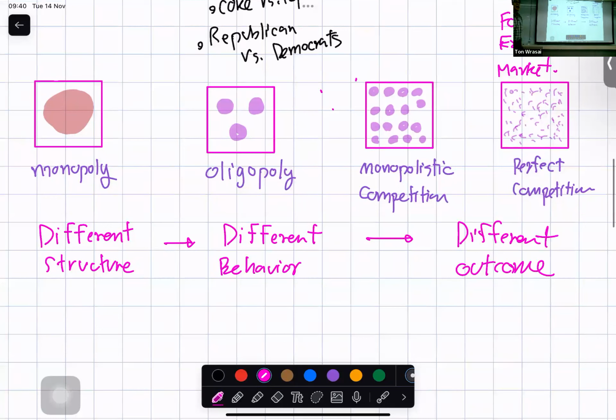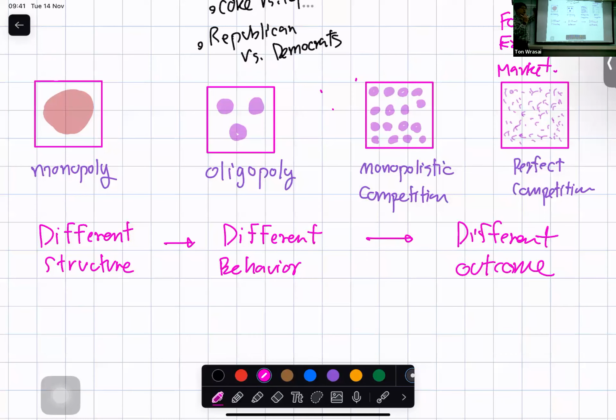And why do we need to know the structure of the market? Of course, if you have to jump into a business, start your business, you have to have a clear picture about the market that you are going to jump in. Otherwise, you may find that it's very difficult to operate in an area that you are not familiar with.